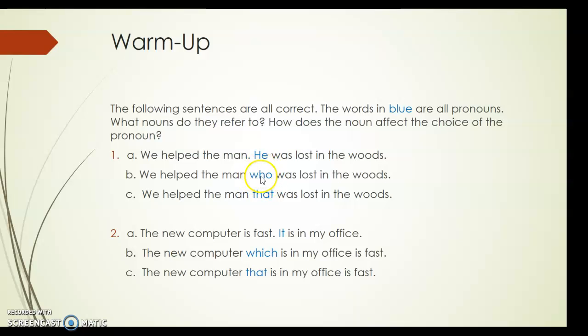But remember, we're using a relative pronoun within a relative clause. Now, who are we referring to? The man. And that's how we link two sentences together using a relative pronoun in a relative clause.